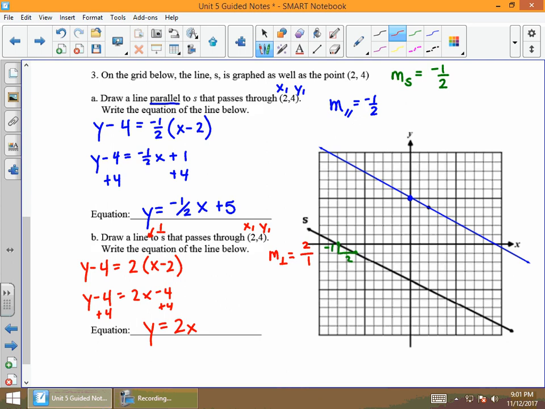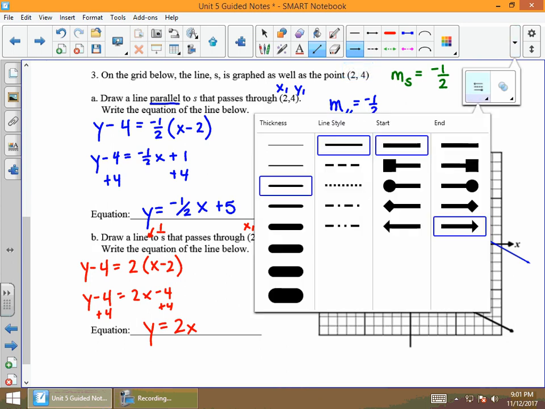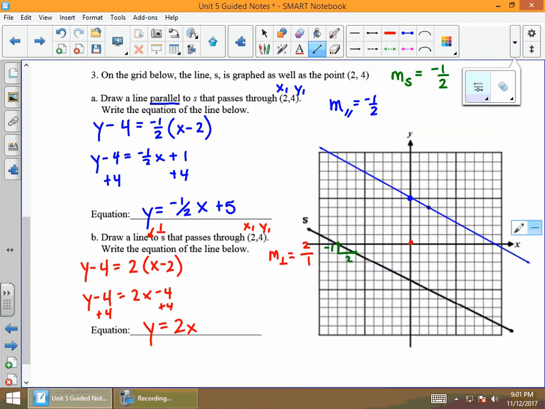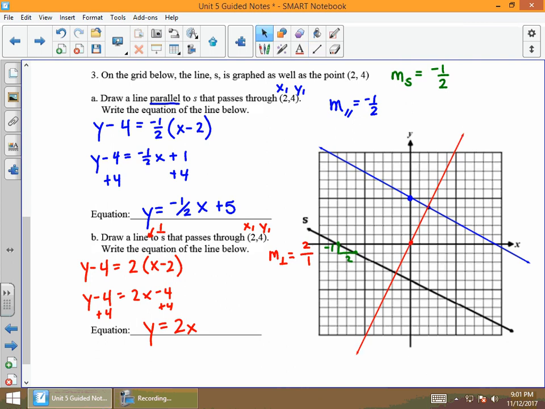That equals 2x plus 0, which means it goes right through the origin. And if it's going to go through the origin, there's the graph of that equation in red.